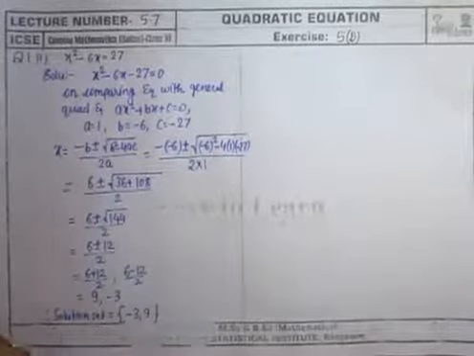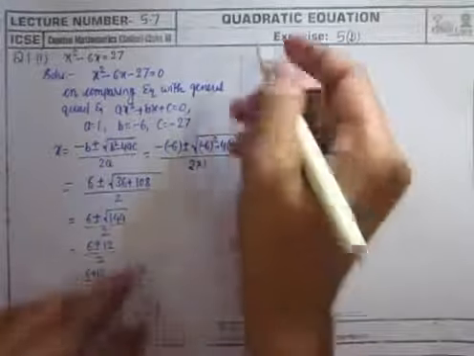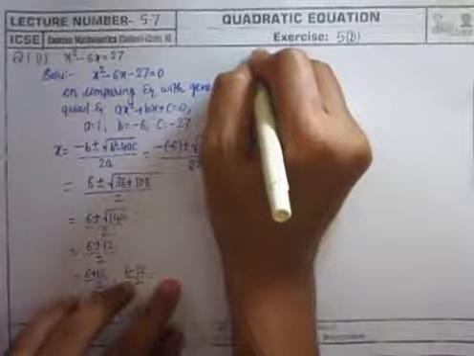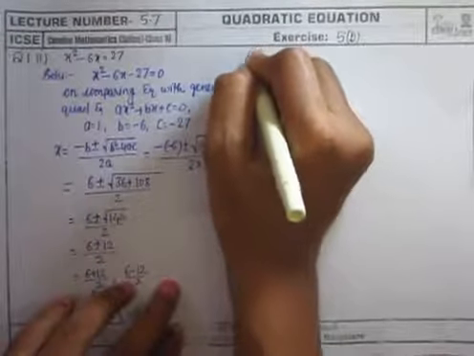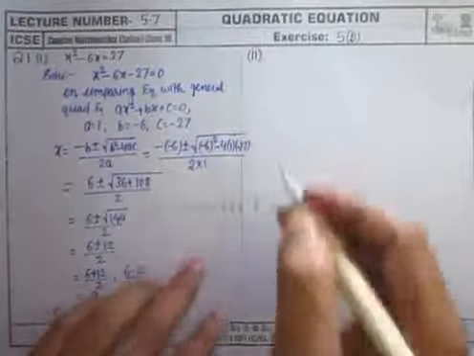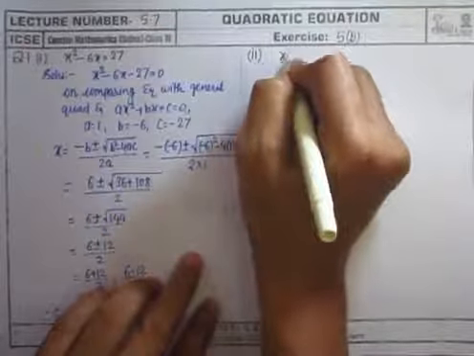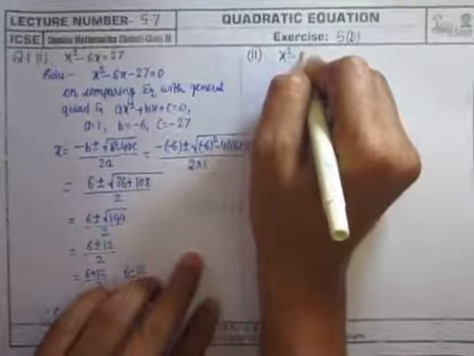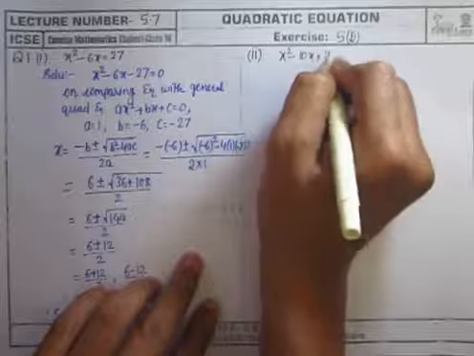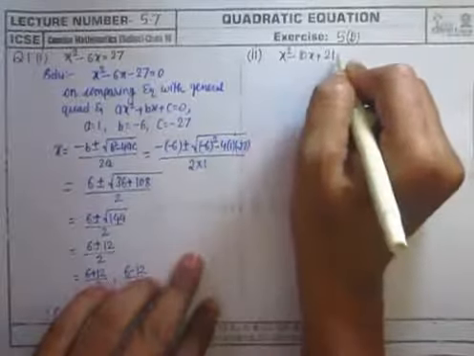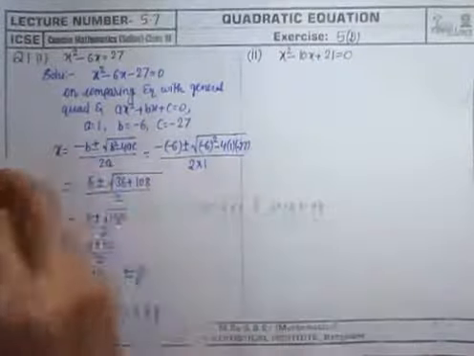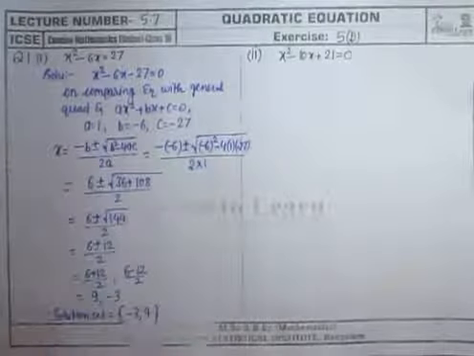Now question number 1, bit 2. x square minus 10x plus 21 equal to 0. Now we have to solve this equation.